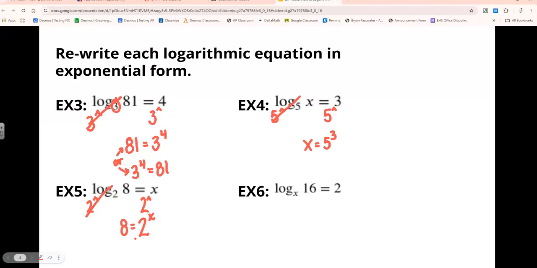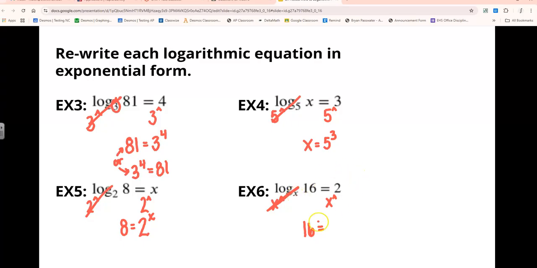Okay? Sophia, what's my base on example 6? Okay, so to get rid of a log with a base of x, I'm going to have to do x to the power on both sides. That will cancel this out. We just have a 16 over here.